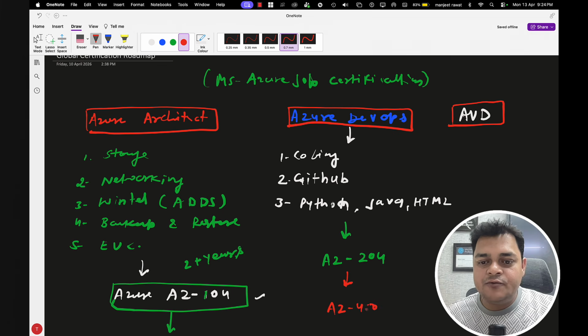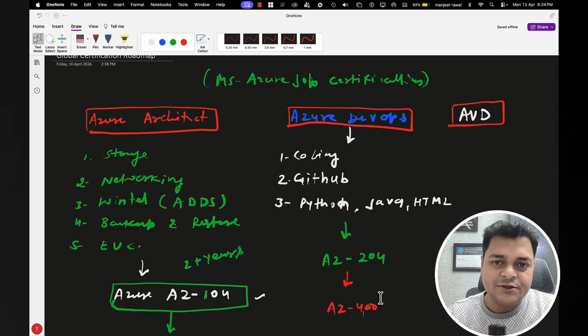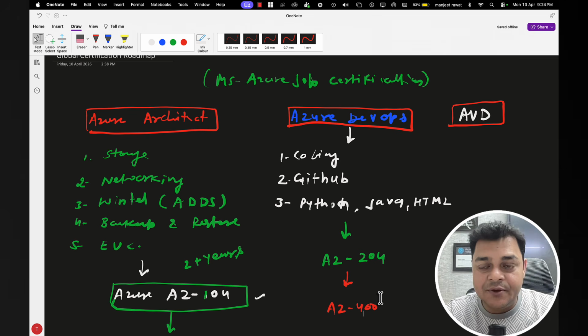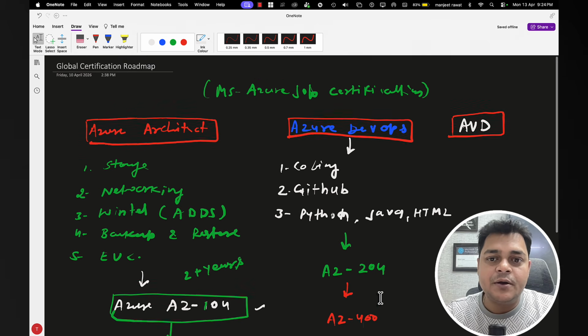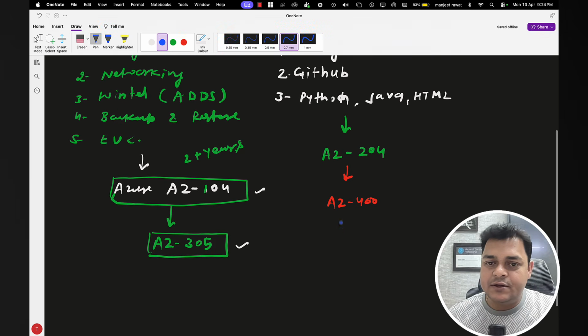And AZ-400 will give you lots of information related to how we can utilize the Azure platform to design any application, to design any kind of website and host it with the help of Azure services. So these two certifications will help you to become a DevOps engineer. This is Azure architect, and these two certifications will help us to become an Azure DevOps engineer.